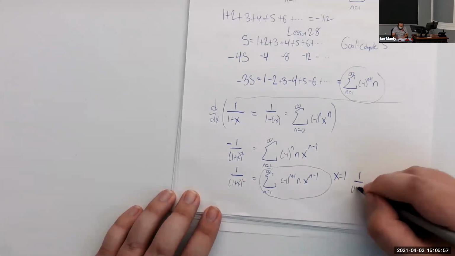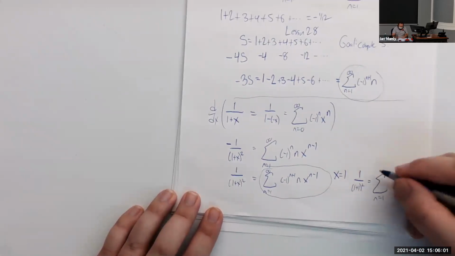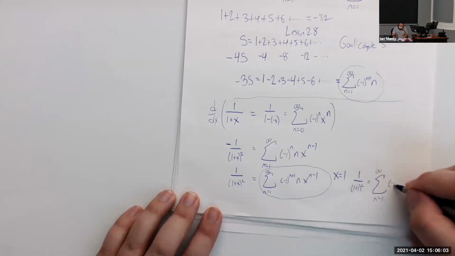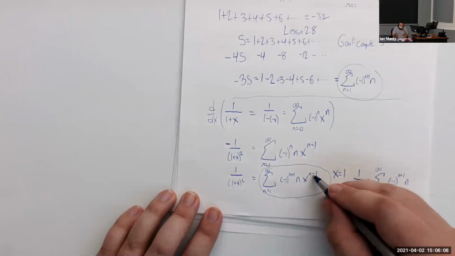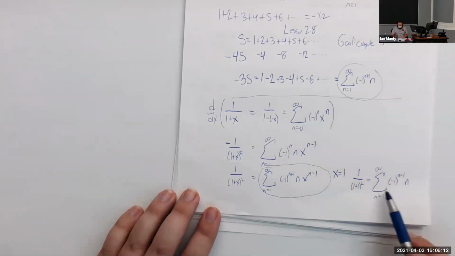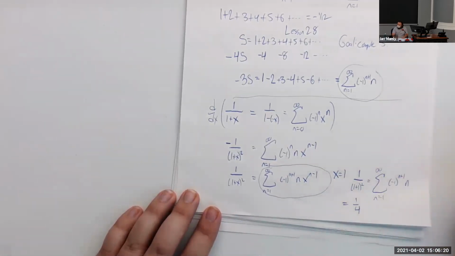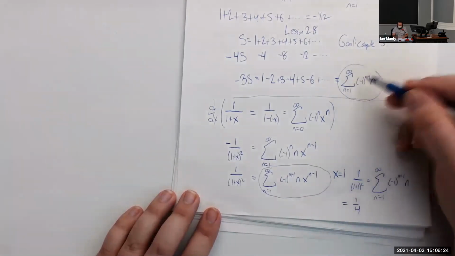So I have 1 over 1 plus 1 squared is the sum from n equals 1 to infinity, negative 1 to the n plus 1 times n, and then 1 to the n minus 1 is just 1 right here. Okay, so that means that this right here is 1 over 1 plus 1 squared, aka 1/4. But this series right here is identical to the one that we found up here.